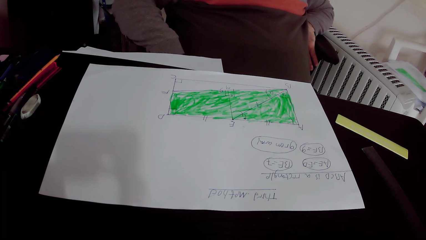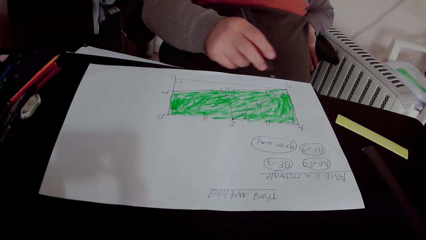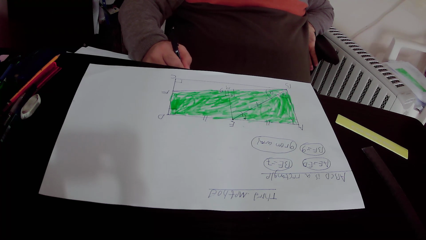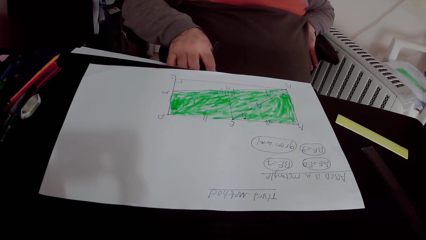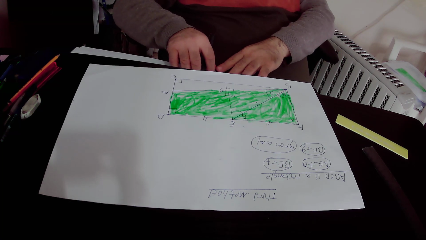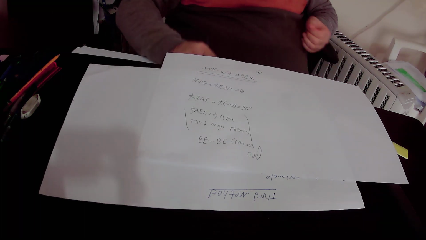Okay, and BE equals BE, it is a common side that belongs to both triangles.